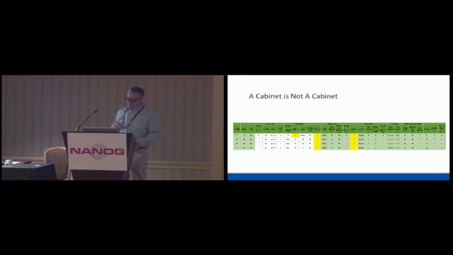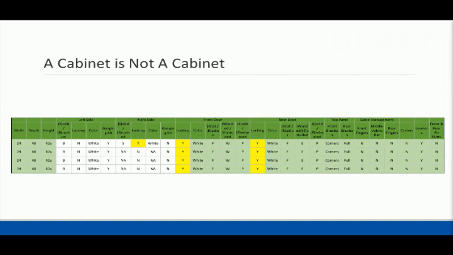A cabinet's not just a cabinet. This is a sample of a cabinet order, and this is a situation where there might be many different cabinets in the same build. You've got different types, different tops, different widths and heights, different layouts, so it's really important to get this all worked out for a couple of reasons.